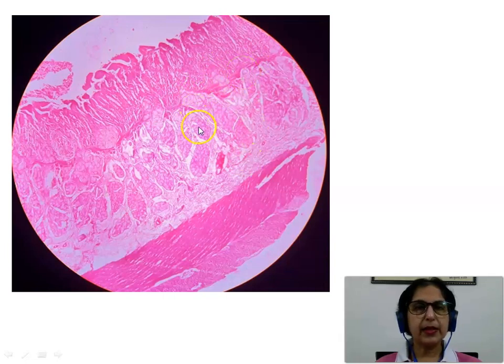Next we see the submucosa, which has the Brunner's glands. These are the mucus acini seen here. Next we see the muscularis externa, inner circular and outer longitudinal layer of smooth muscle fibers, and outermost is the serosa or adventitia.